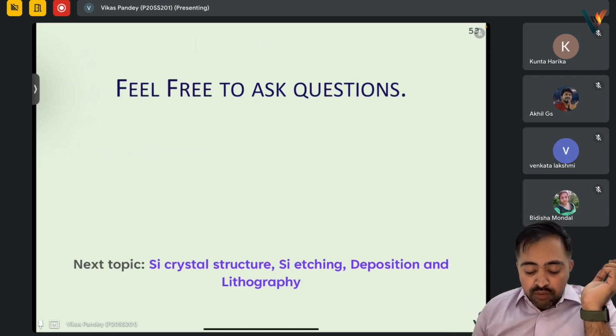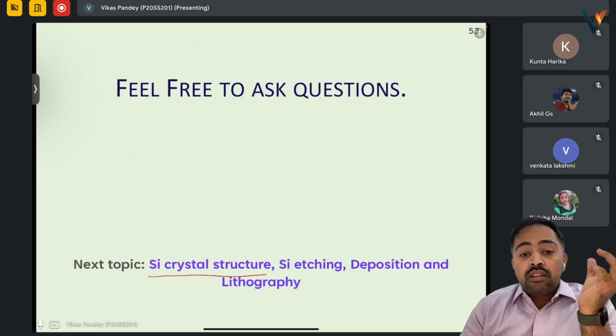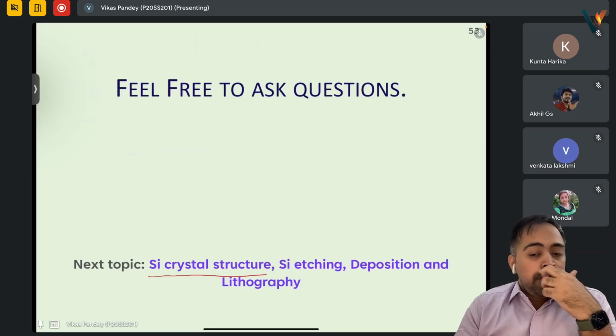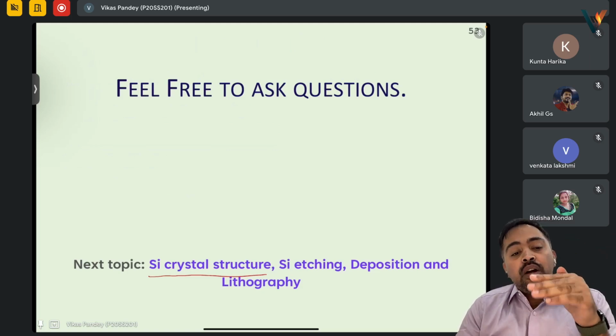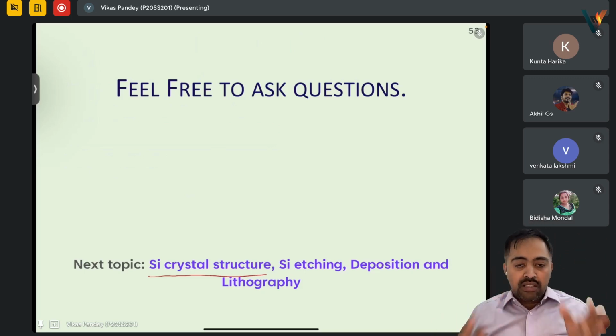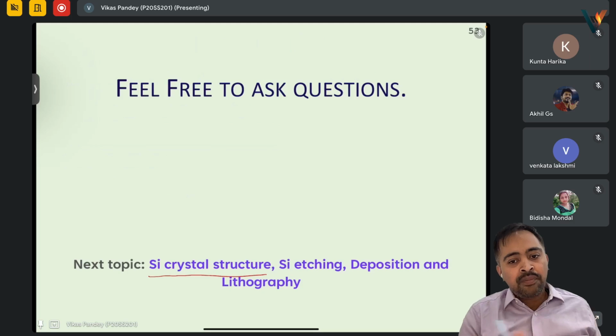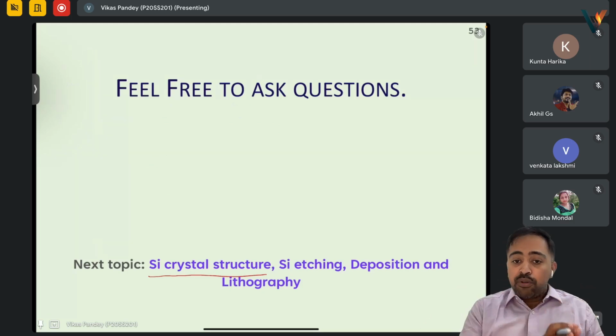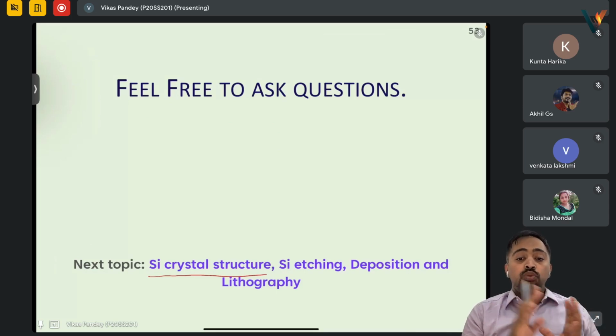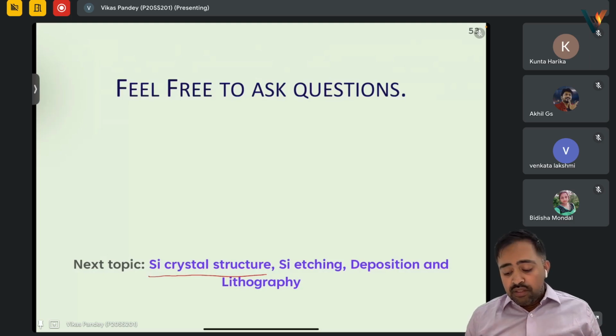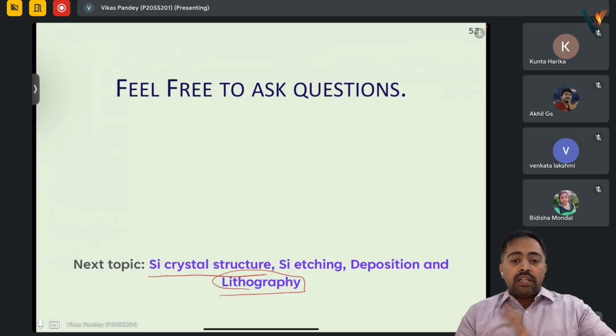So we will start with what is silicon, why silicon, how to etch out silicon, how to make such cuts in silicon, how something is deposited over it, how something is removed over it, what the tools and techniques are, and some lithography techniques, like how this patterning is done.